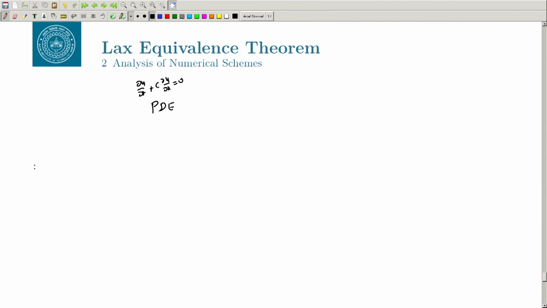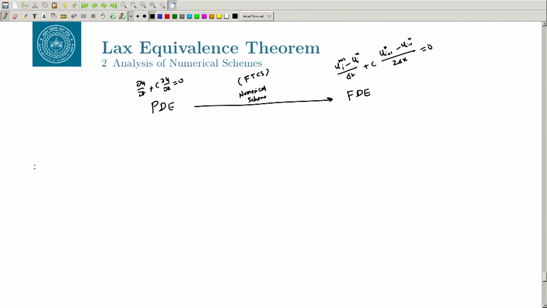Then you apply a numerical scheme on this, for example FTCS, and you will get an FDE, which is the finite difference equation, and that will look like, in this case, u i n plus 1 minus u i n by delta t plus c times u i plus 1 n minus u i minus 1 n by 2 delta x is equal to 0.